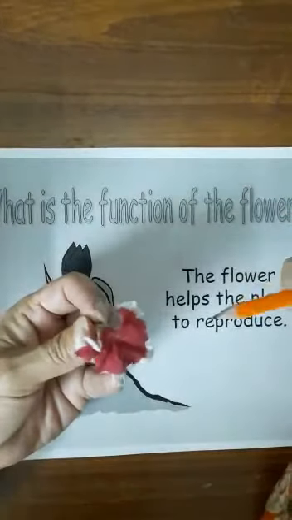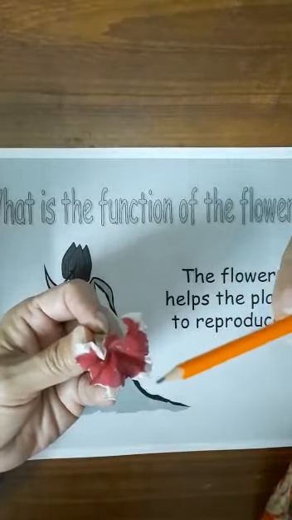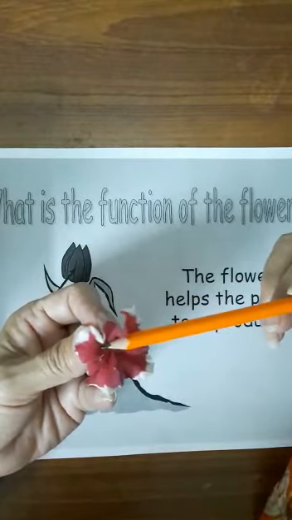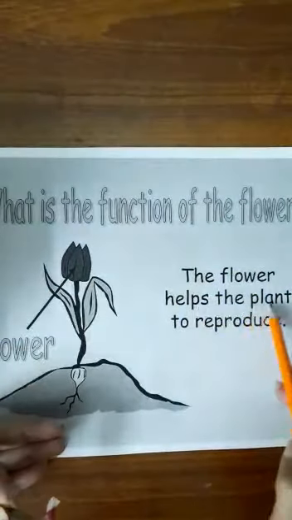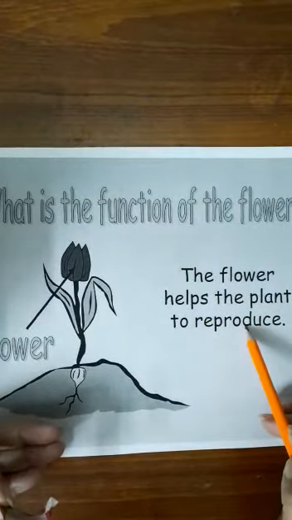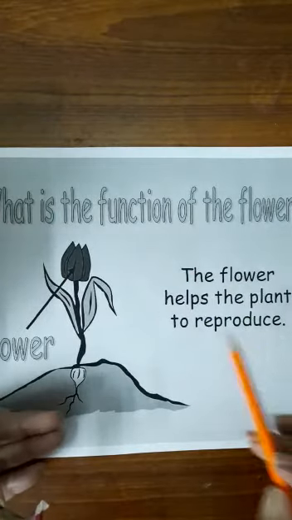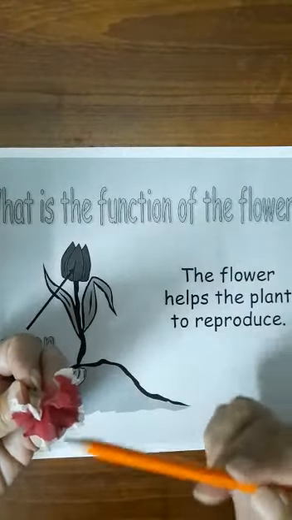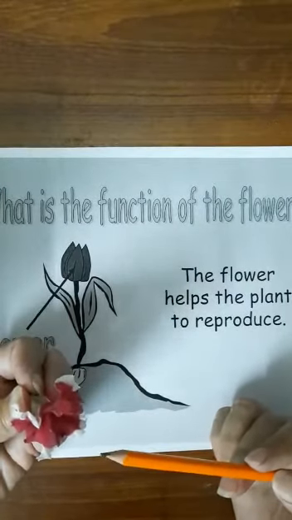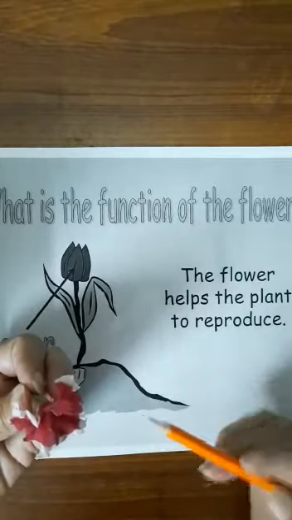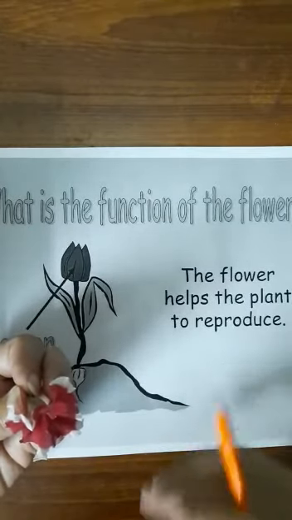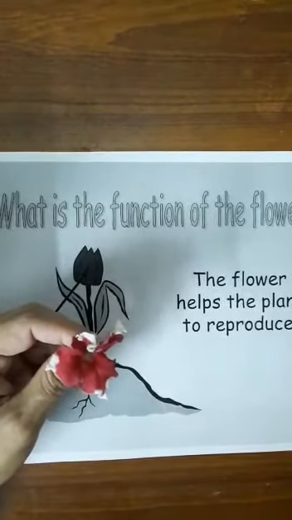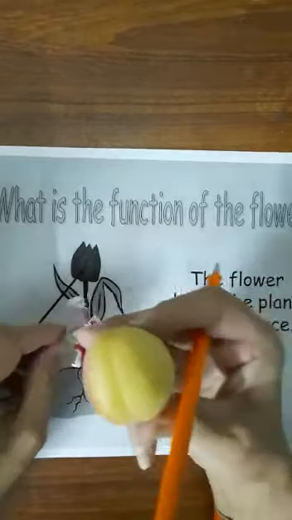In the life cycle of a plant, the most important part of the plant is the flower. Why is the flower important? Because it helps the plant to reproduce. I have told you before that the flower changes into a fruit, and inside the fruit there are seeds, and when those seeds are put in the soil, a new plant will grow from them.